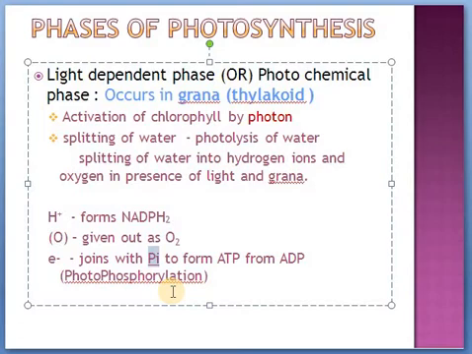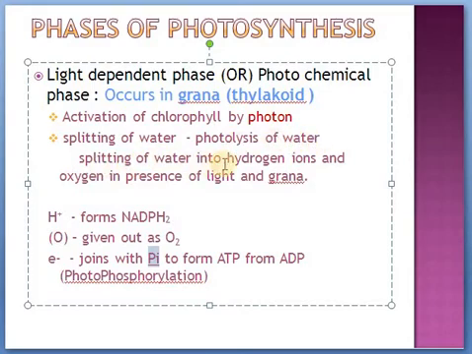What is the first process? Activation of chlorophyll by photon. Now, what is photon? Smallest unit of light energy. And the second process that occurs during light phase? Splitting of water. What is the other term for that? Photolysis of water. What is photolysis?